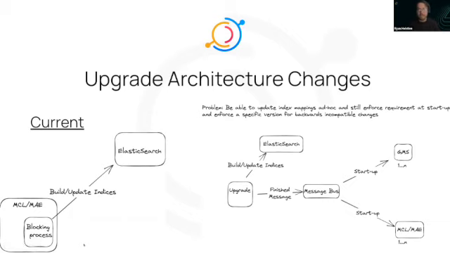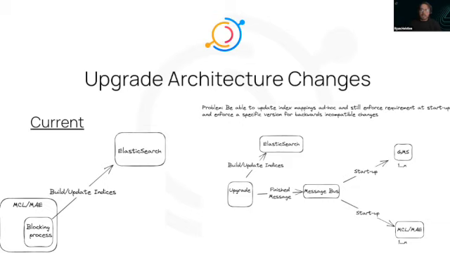Previously, whenever we would update mappings and settings, this would be a blocking process, as displayed on the left. Within MAE consumer, there would be a blocking process that halts it from starting up before we actually start consuming messages.